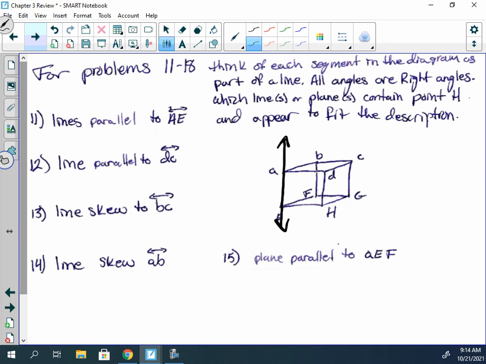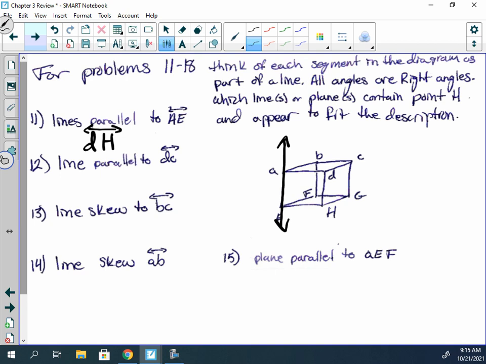AF would be one, CG, and DH. But which one do we have to use? DH. And why would we use DH? Because it has to contain point H. It says it right there in the description.